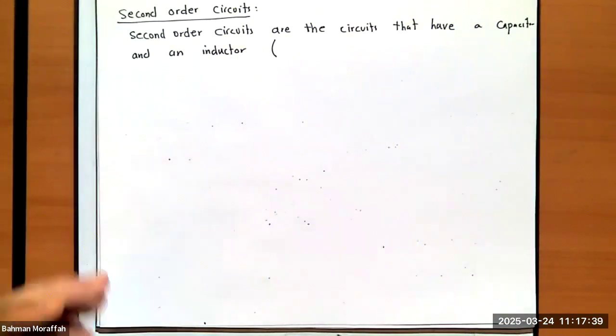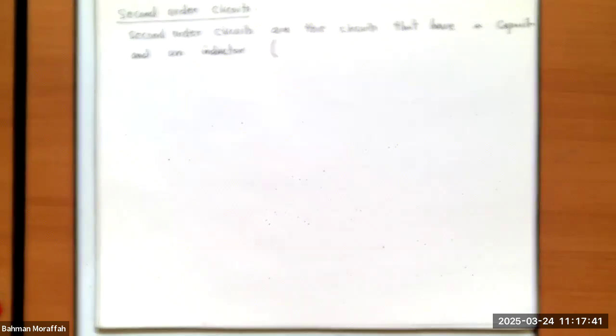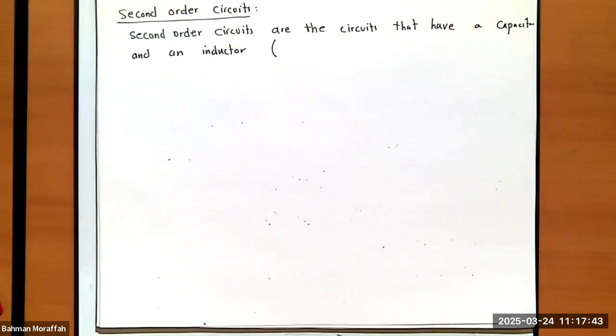Again, it does not really matter how many resistors, dependent sources, or independent sources we have. But we only have one capacitor or one inductor, or at least, if we simplify it down, we end up with one capacitor or one inductor.